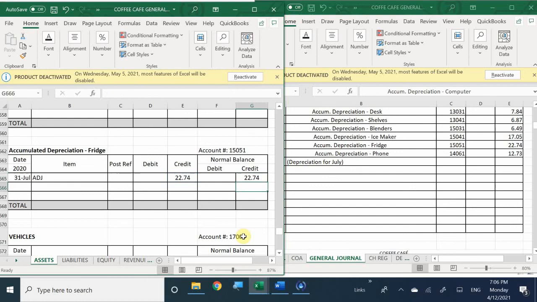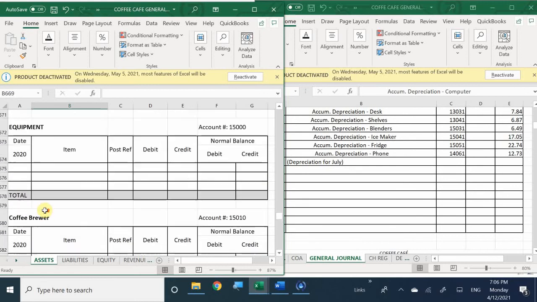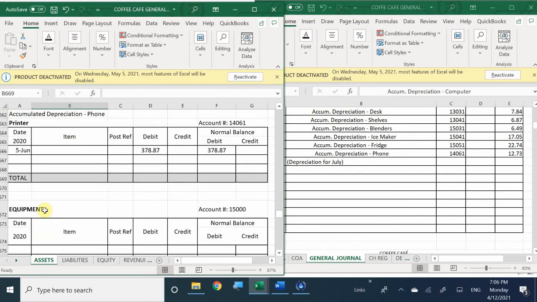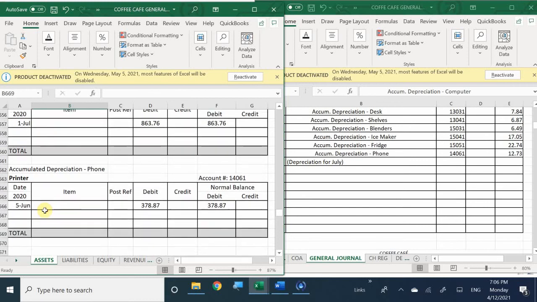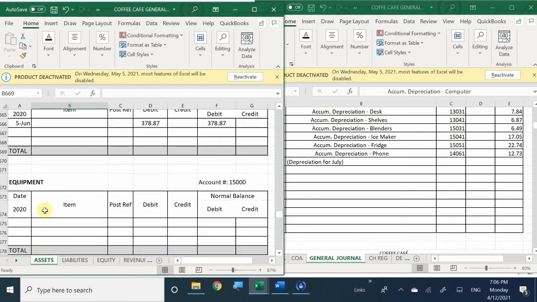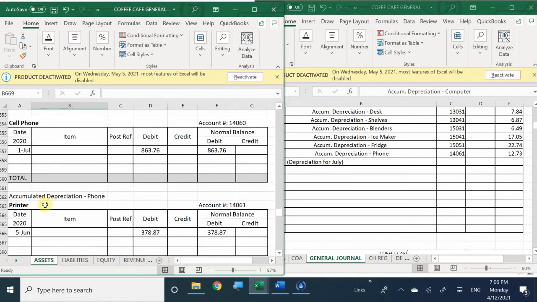And then last but not least, we have the accumulated depreciation for our phone, which should be under office equipment. Okay, here we are, cell phone. I think I have double names in here.